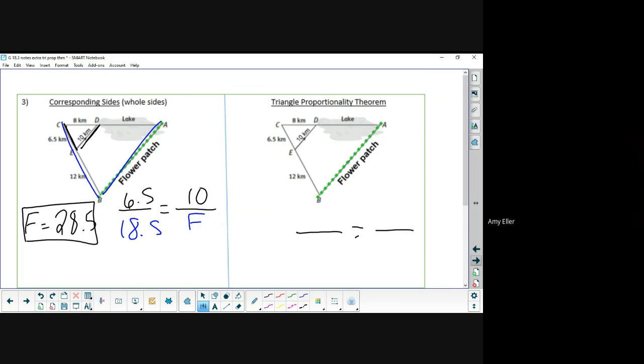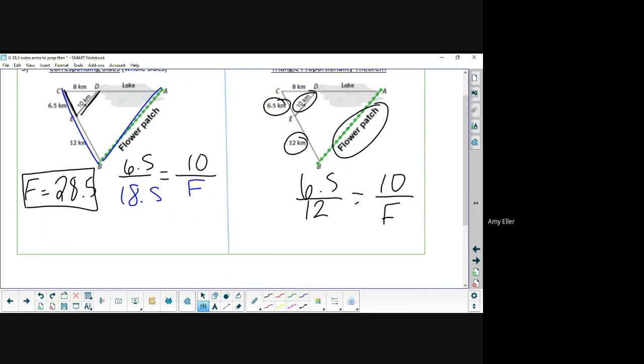So let's start with 6.5 again. And then that goes with this little part, 12. Back to the small triangle, 10. And F. Cross multiply.